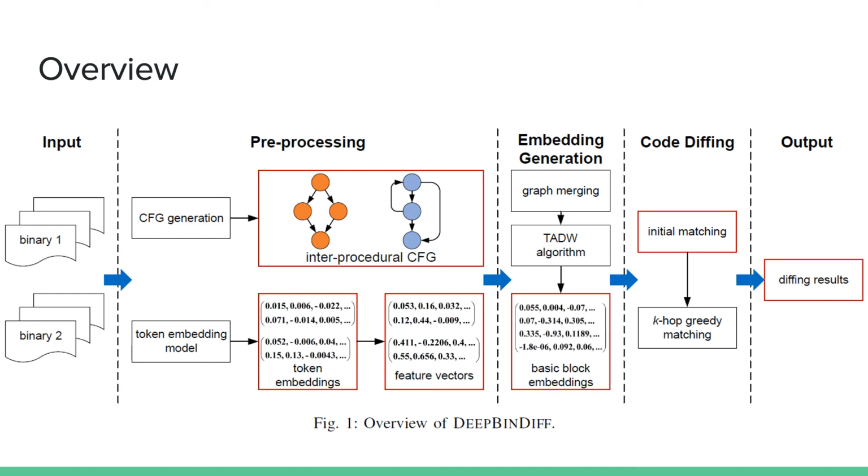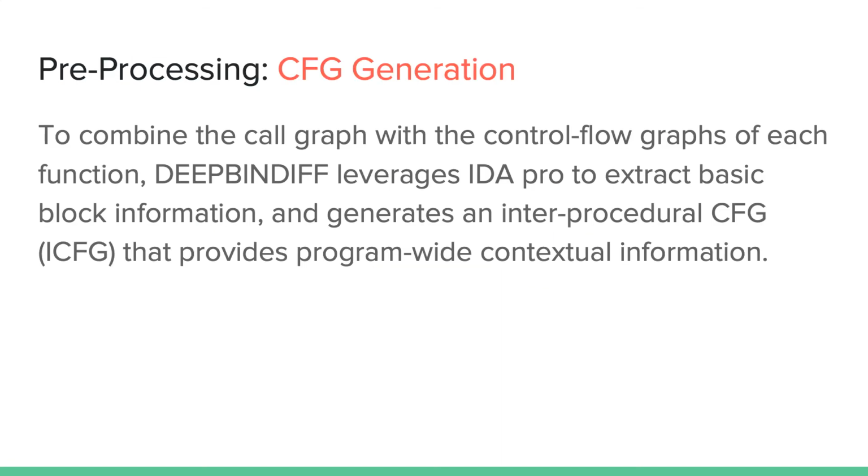So the first step is control flow graph generation. They combine call graphs with the control flow graph for each function, and it uses IDA Pro to extract the basic block information and generate this ICFG.